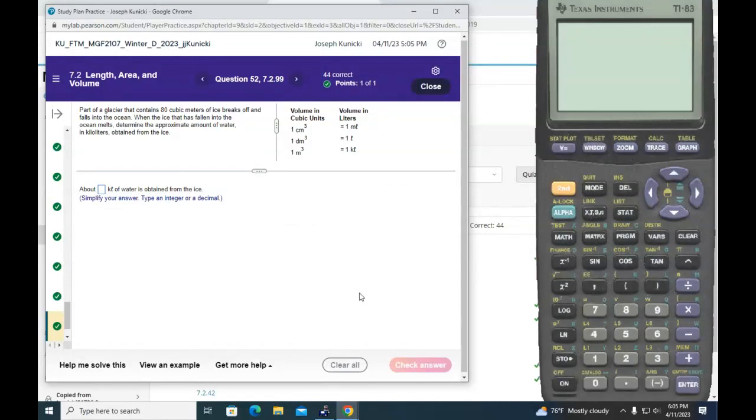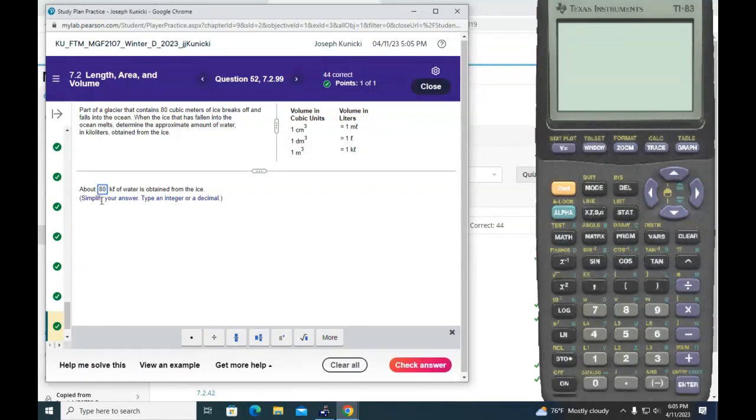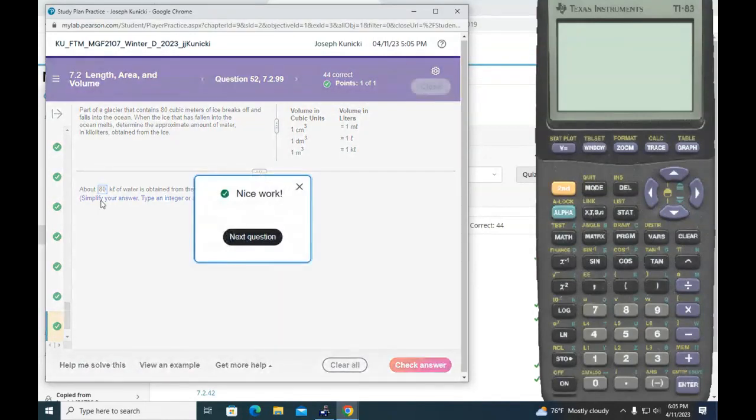So it's a 1-to-1 again. So it's 80 kiloliters. I like when they put the little graph right there, it just makes it easier.